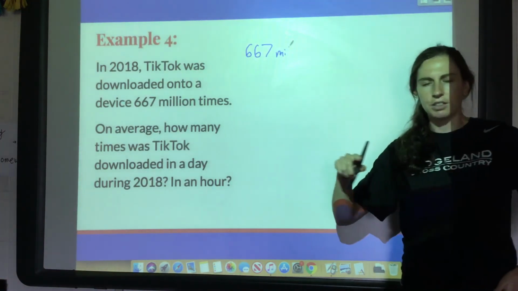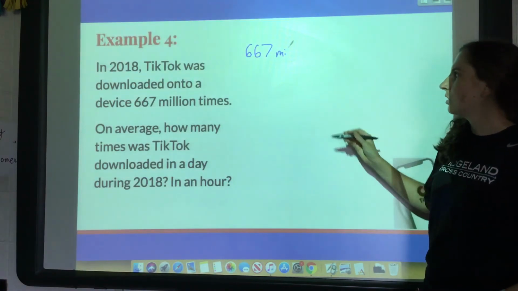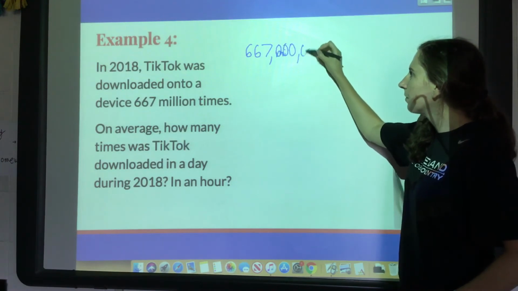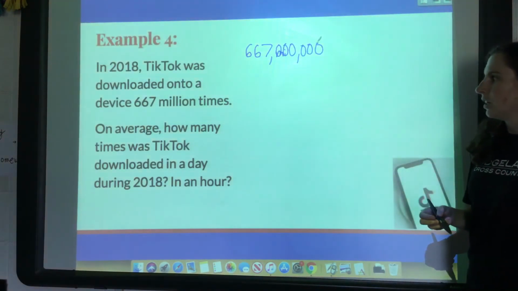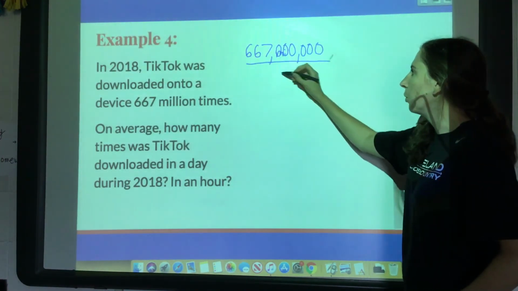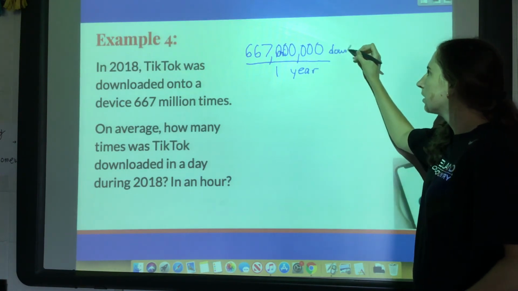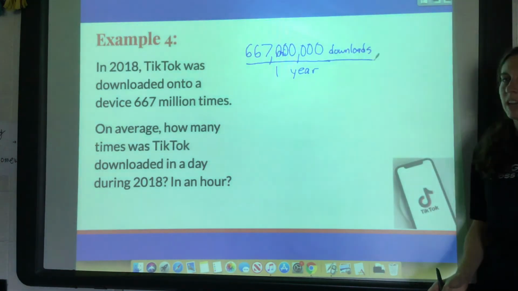Actually, why don't we go ahead and turn that into an actual number, because that'll help us for our calculations. So million would mean it has 6 zeros, because that's the millions place. So it was downloaded, that many downloads per 1 year. That's how many downloads we had in 1 year.